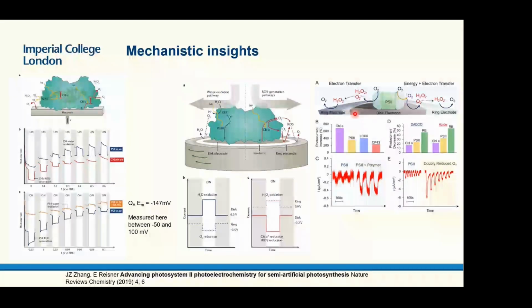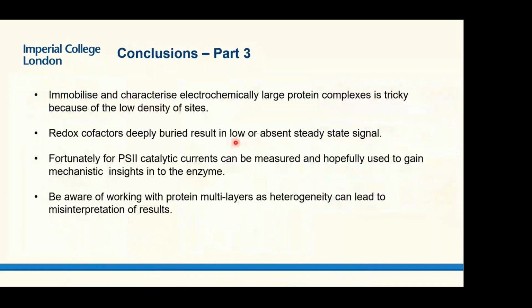And so we were able to distinguish between the events that are non-physiological and the events that are physiological in terms of the formation of the reactive oxygen species. So it was, I think, a nice way to use this system to distinguish between what is physiologically relevant and what is not physiologically relevant in terms of the immobilized protein.